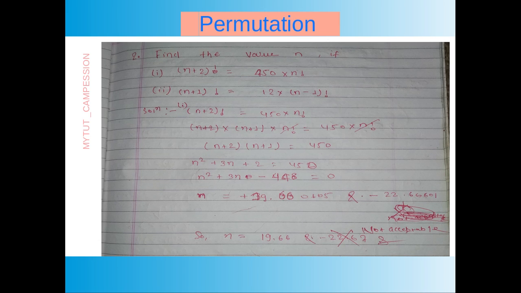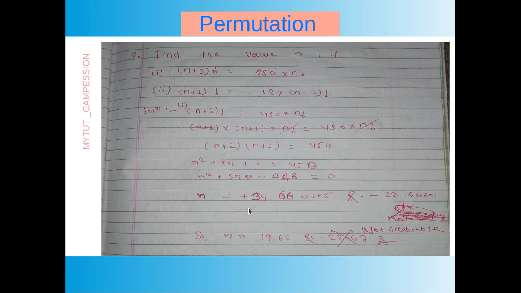Now multiplying, after multiplying both we get n square plus 3n plus 2 equals 450. Now subtracting 450 from both sides, we get n square plus 3n minus 448 equals 0.